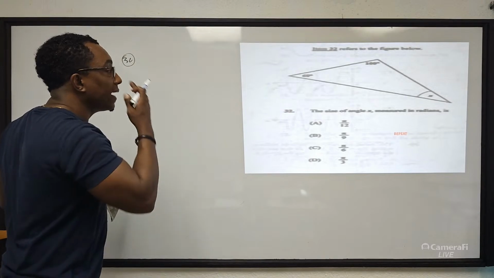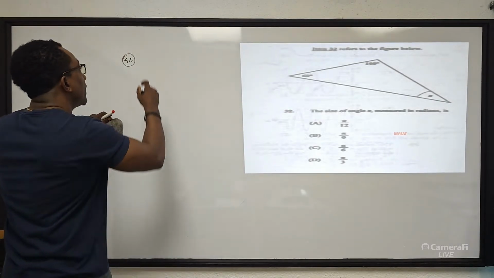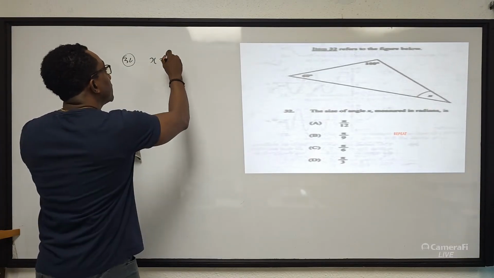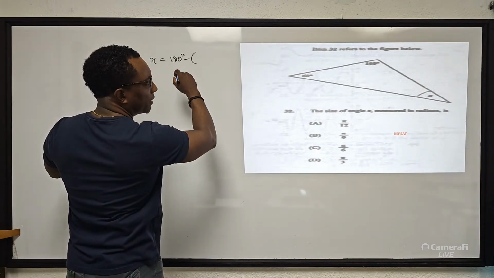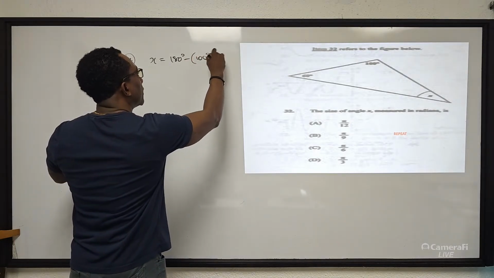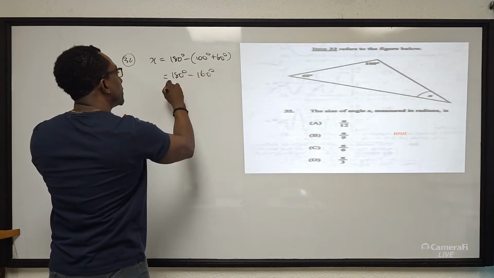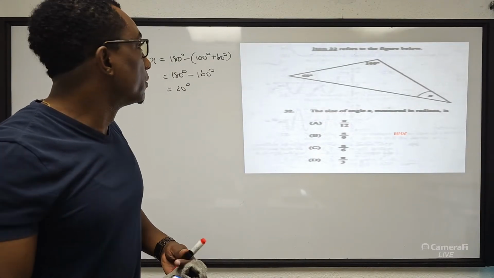They want us to find x. So x is equal to what, in radians? x is equal to 180 subtract 100 plus 60. That's 180 subtract 160, which is 20 degrees.